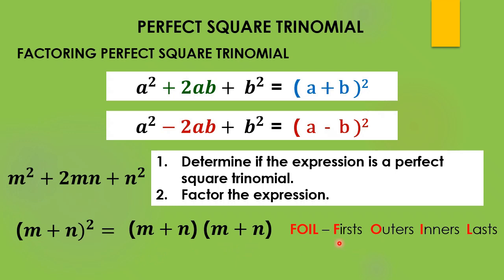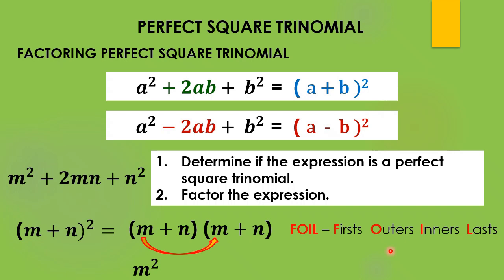First, we're going to multiply the first terms. In this case, our first terms are m times m. If we multiply m times m, it will give us m squared.